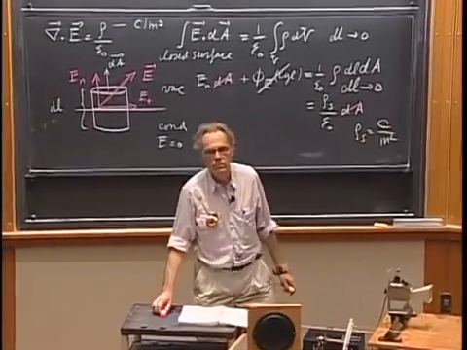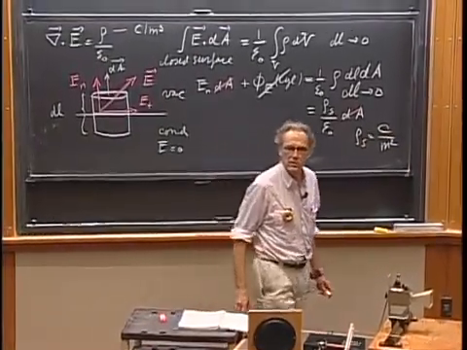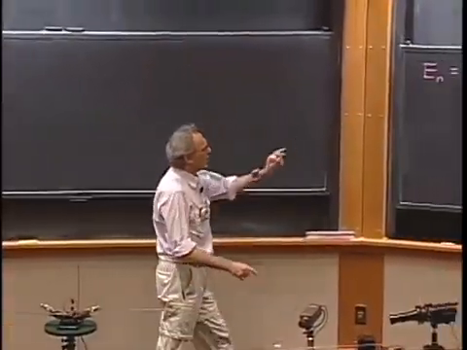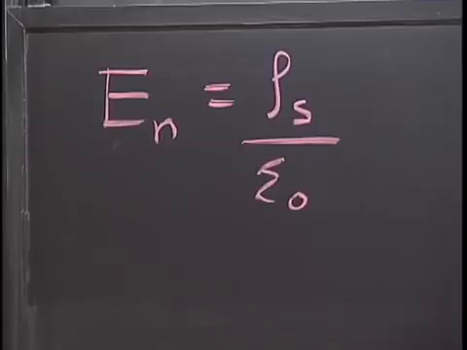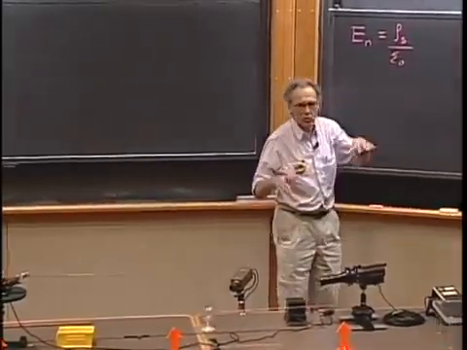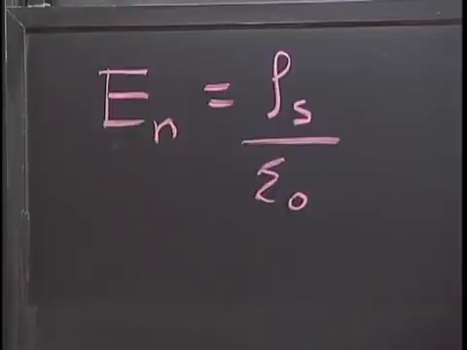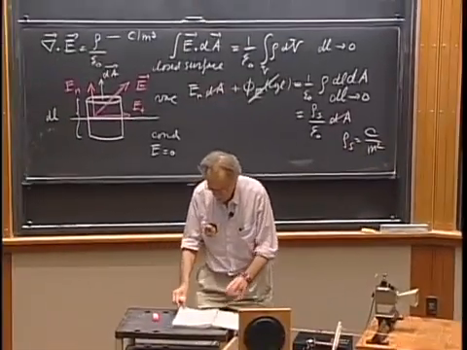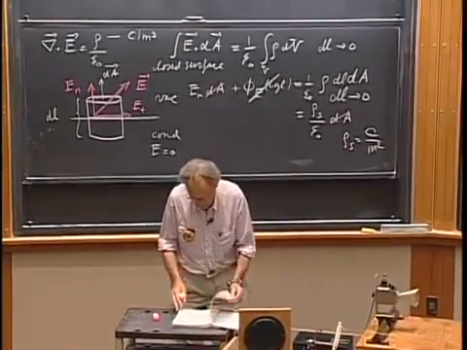That's true. It is also true for static charges. But here, there is something special. And that is that this E vector is changing all the time with the frequency of the incident wave, and therefore rho s must also change all the time. There is all the time a rearrangement of that surface charge density to make sure that this boundary condition is met. But yes, it also holds for static charges.